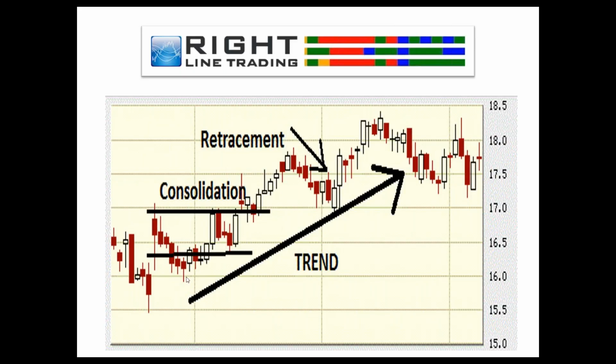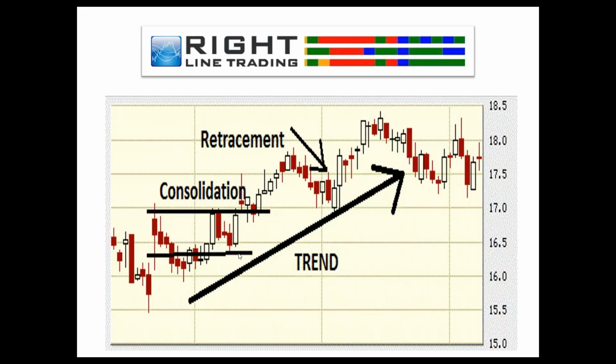The first one is that any stock in a confirmed uptrend can go into consolidation. Consolidation can take place and last for days or weeks or months.